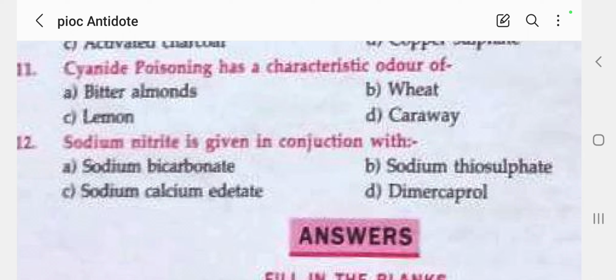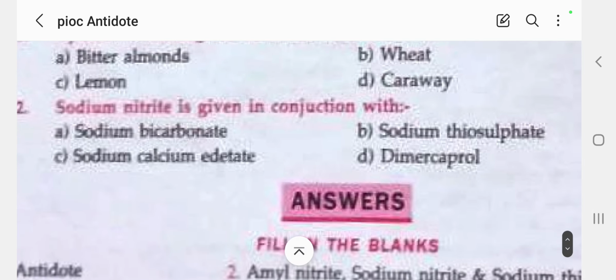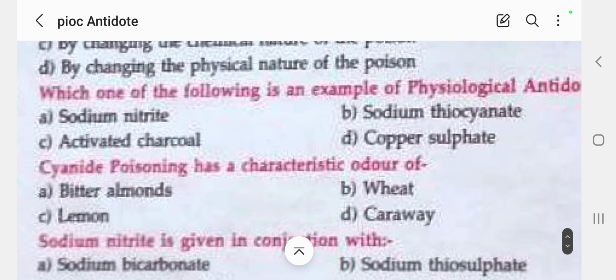So all are wrong answers here. And one more, there is a method of preparation question, where it will go with sodium bicarbonate, and one not sodium bicarbonate, sodium carbonate. This question also went wrong, so you can leave these questions. Okay, thank you.